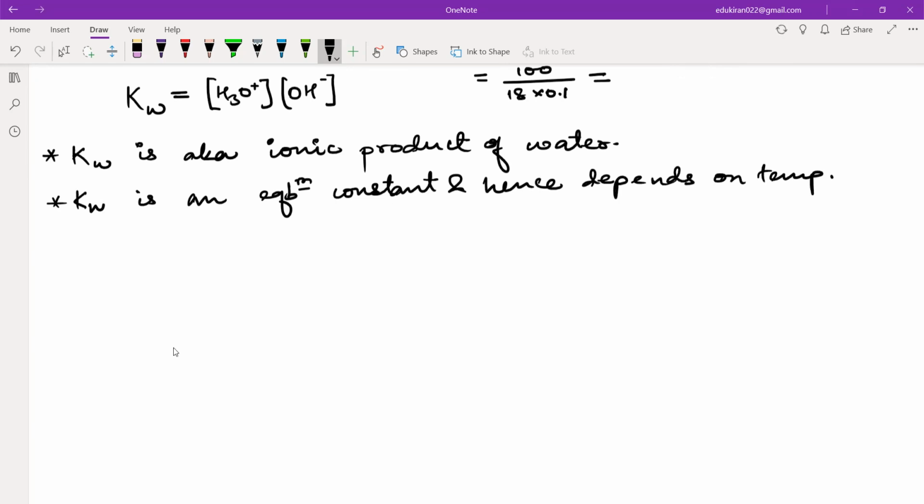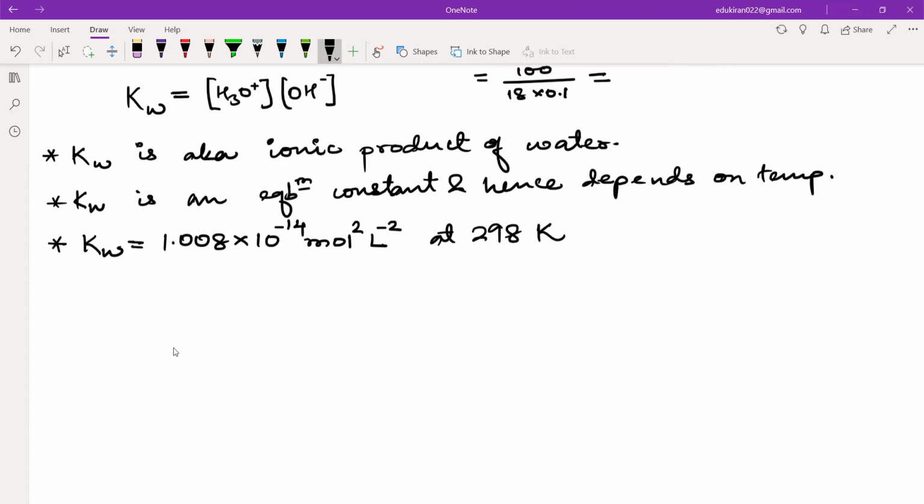Kw is exactly equal to 1.008 into 10 to the power minus 14 mole square liter inverse square. This is the exact value of the Kw at 298 Kelvin. You have to specify the temperature also.